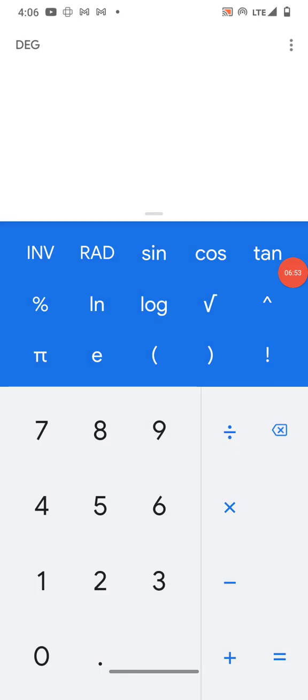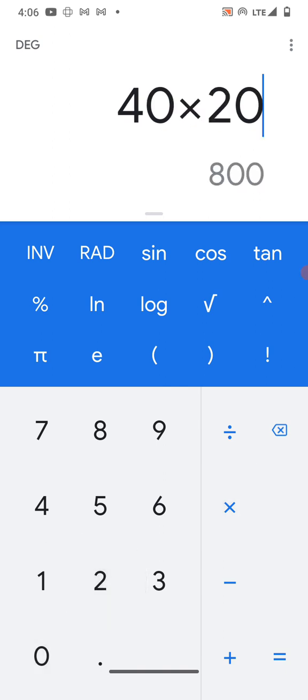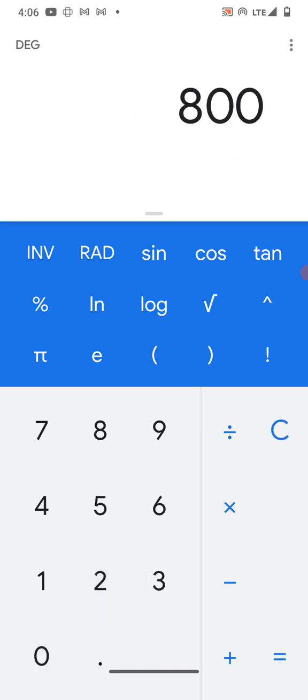If you had 40 trades times, let's just say 20, you'd have $800 margin requirement at 50-to-1. You could not open that trade on a 50-to-1 account with a $100 balance. Can't do it.